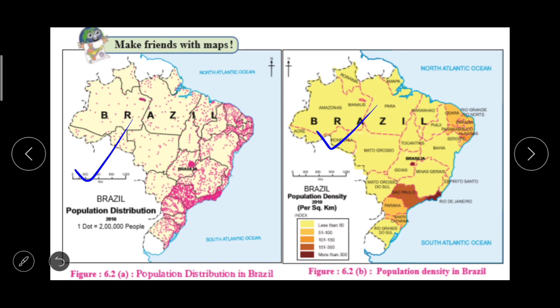In which area is the distribution of population sparse? Prepare a note on factors responsible for the uneven distribution of population based on the study of Brazil you have made so far, जितना भी हमने पिछले लेसन्स में पढ़ा है. And then identify the type of map showing distribution. So you people can solve these questions on your own by using the given information in the maps.